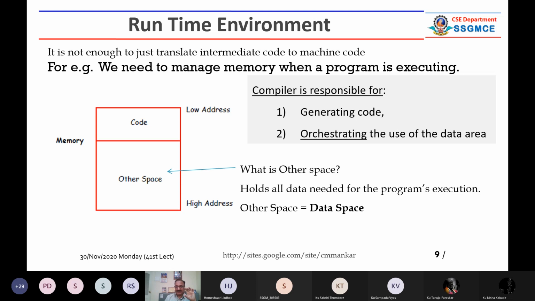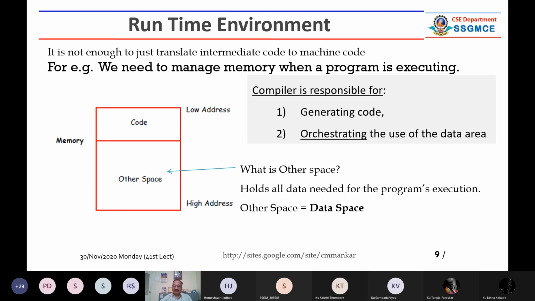The data might be related to variables, or to other procedures and functions, their return values, their arguments, the types of the arguments, like that. So this other space contains information about other objects like procedures, functions, arguments. And the actual code is stored in the first part.